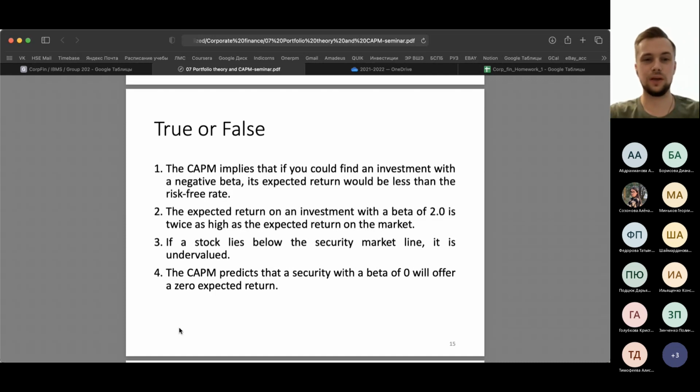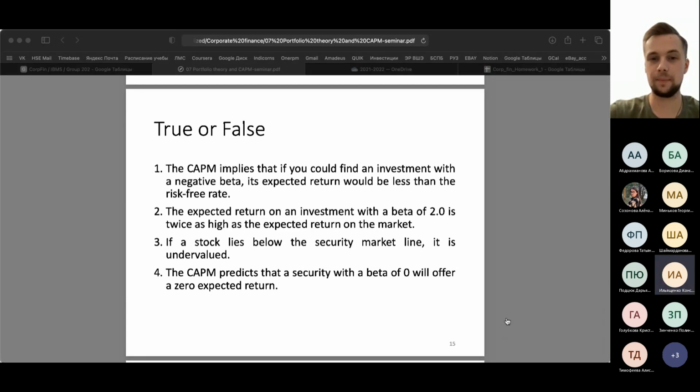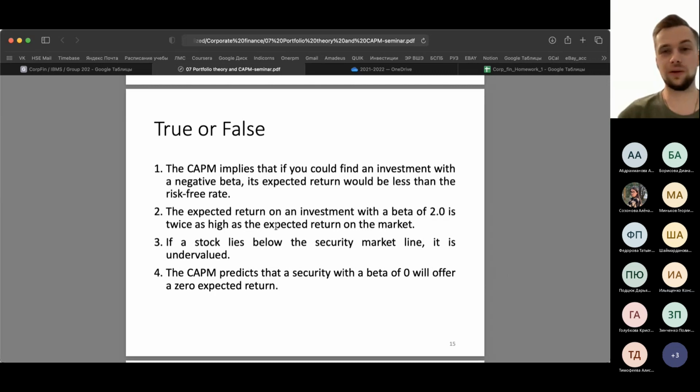Okay, what about the second one? The expected return on an investment with beta of 2.0 is twice as high as the expected return on the market. Is it so? No, because we also consider the return of the risk-free asset. The expected return is calculated by the formula.